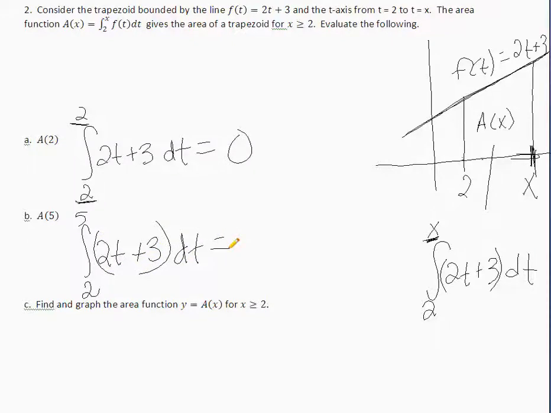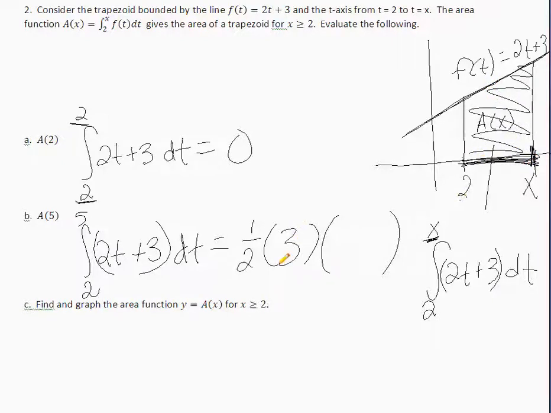If this were 5, it would just be the area of the trapezoid. I know we all remember the area of a trapezoid is 1/2 times the height times base 1 plus base 2. The height would be this distance, from 2 to 5, so 3.